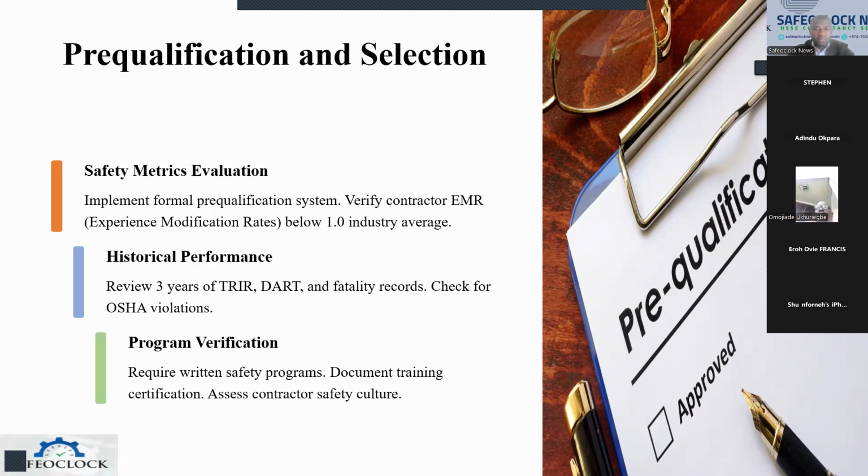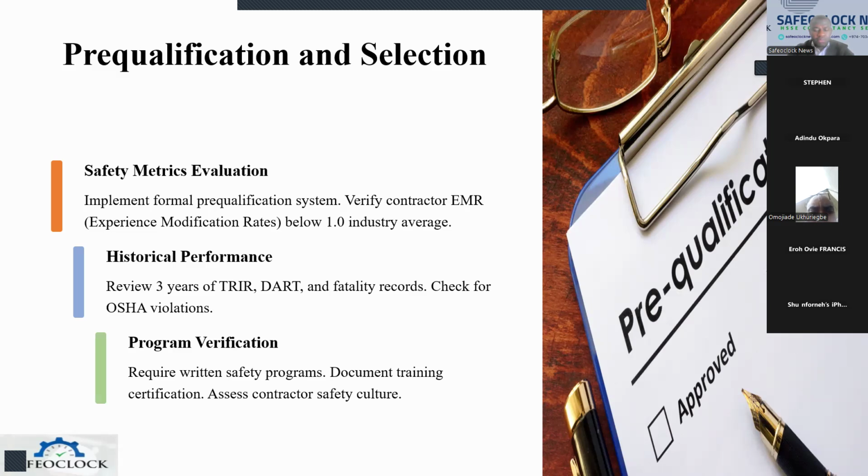The most vital aspect of it is that it is a tool you can use to determine how often an organization has gotten violations, been involved in accidents, insurance issues, and so many things. If you have less than 1.0 or up to 1.0, it is fine, because when they look at this metric, they can say this organization has a good standing, and we can award them this contract.